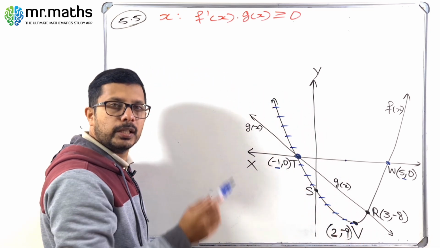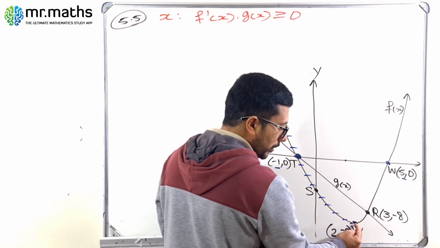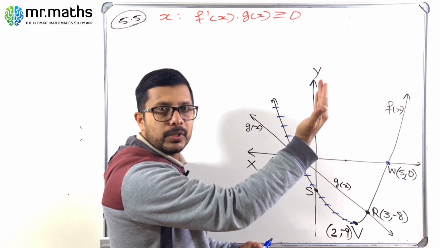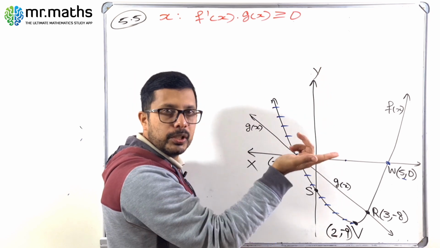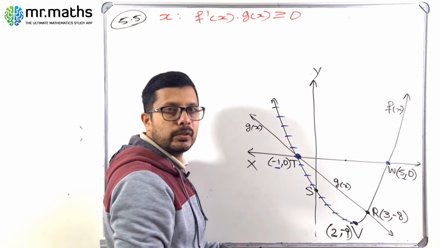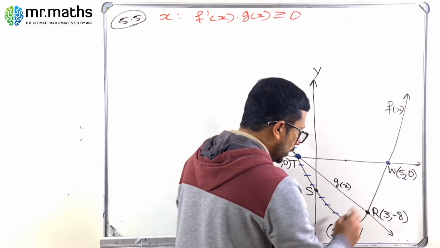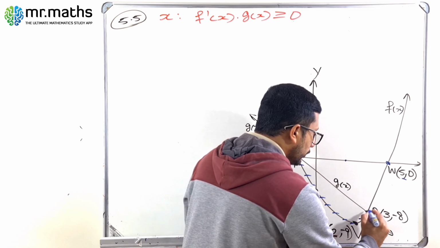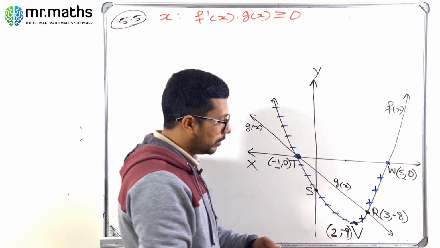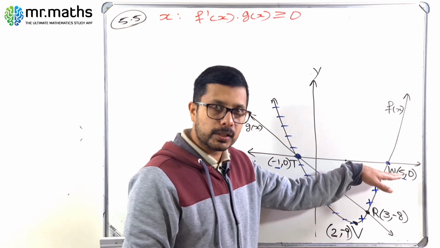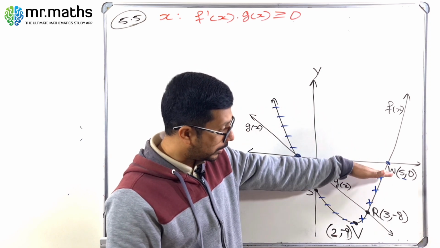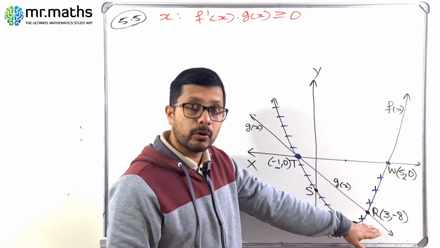You understand? Then after the turning point, what happened to the graph? It is increasing. So when the graph is increasing, what is the first derivative? Positive. I'm talking about the first derivative. Some of you may be confused that the graph is below the x-axis, so is it not negative?